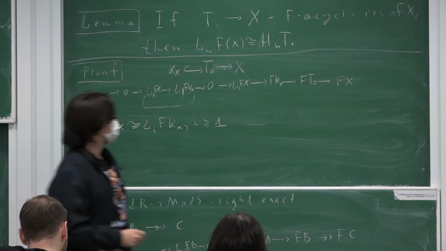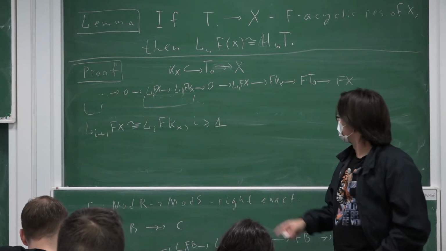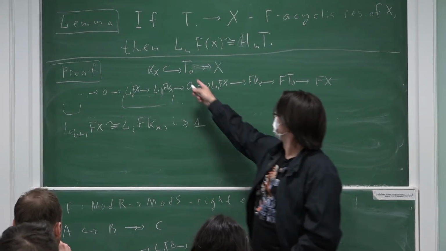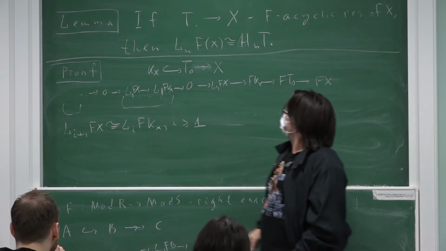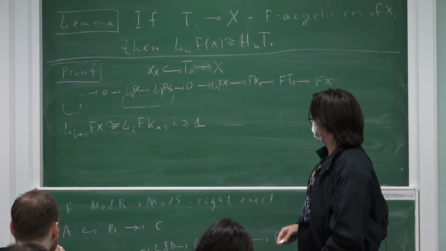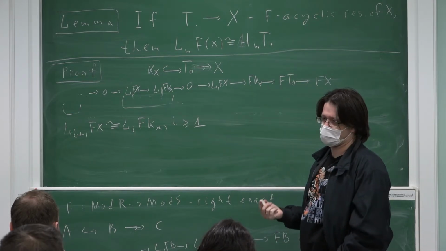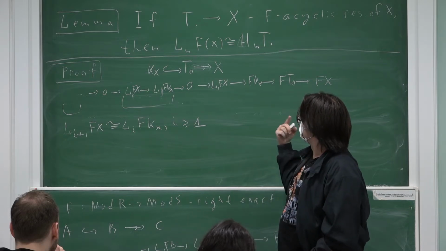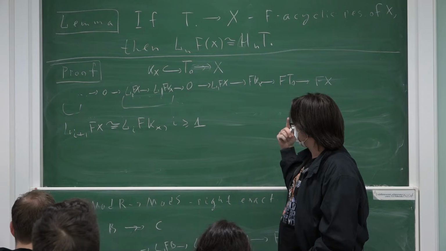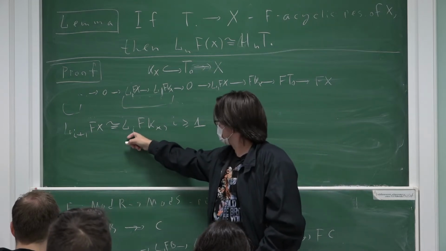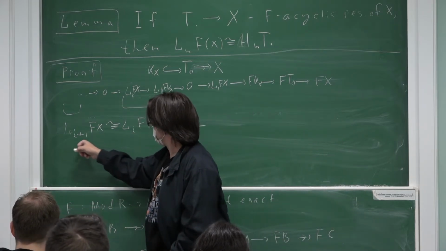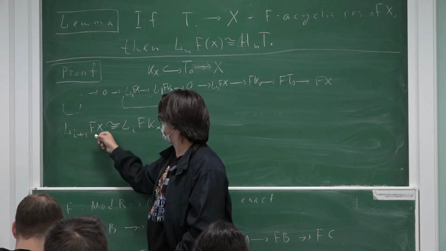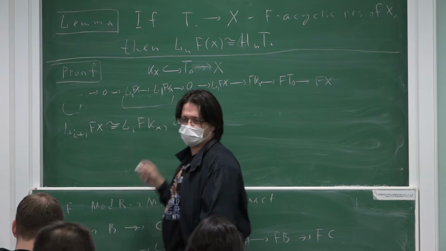So if we show that L1 F can be calculated using an F-acyclic resolution, then we are done, because this fact for KX and L1 implies this fact for X and L2, and so on. Then for any X we obtain L2, then L3 and so on.